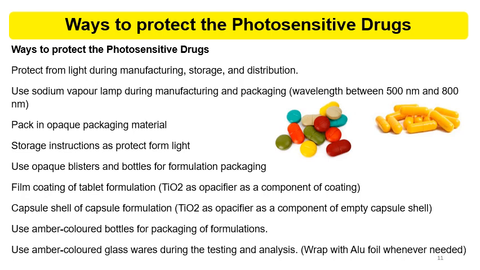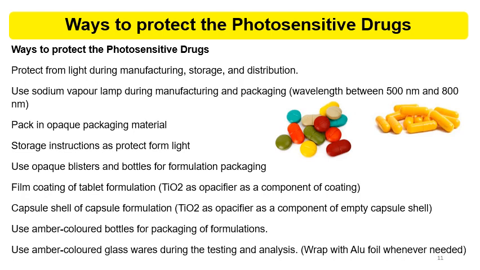Sodium vapor lamps can be used during manufacturing and packaging operation, and these sodium vapor lamps generate the wavelength between 500 nanometer to 800 nanometer, and that's why these don't have the degradant impact.